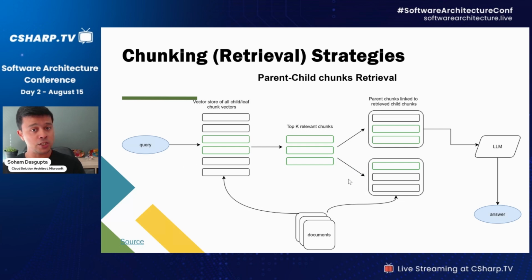There's another strategy called parent-child. You will have two different vector stores. One vector store will have all the child leaf vectors, and another will have the parents. Think from this perspective: if your documents have different chapters and every chapter has different pages, every page will be considered a child leaf, and your chapter will be chunked as a parent.